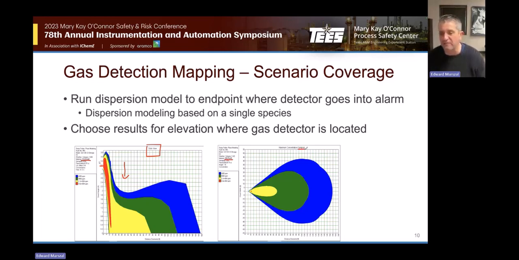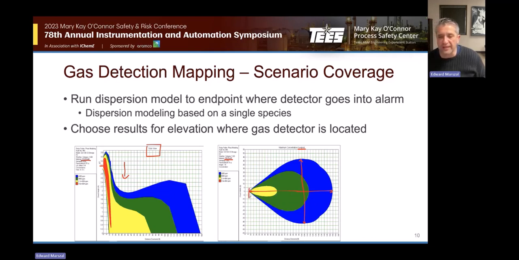And then that same propane release, there's something called a footprint, which is the top-down view looking at this gas release. So when we're doing gas detection modeling, we're going to run these dispersion models, and we're going to figure out, well, what is the width of this gas cloud at its maximum width? What is the length of the gas cloud from the footprint?